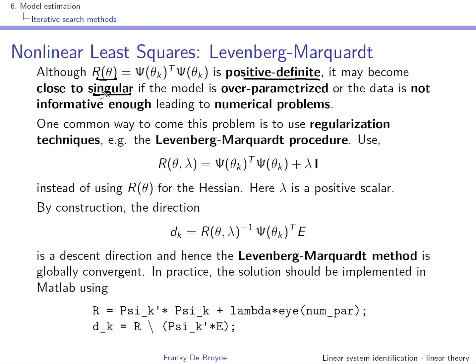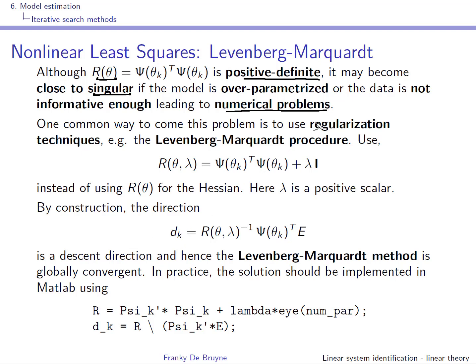Well, if it's close to singular, there is an inverse, but you'll have numerical problems. Okay, and this can happen if your model is over parameterized. In practice, this means that you have used too many parameters in your model structure, or that your data is not informative enough, and this would mean that you didn't do a good experiment design.